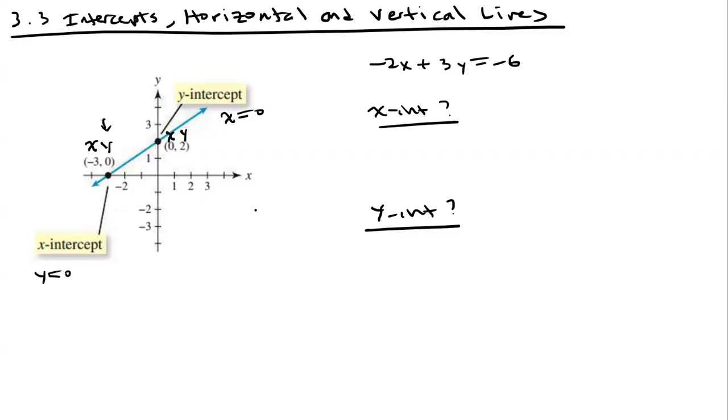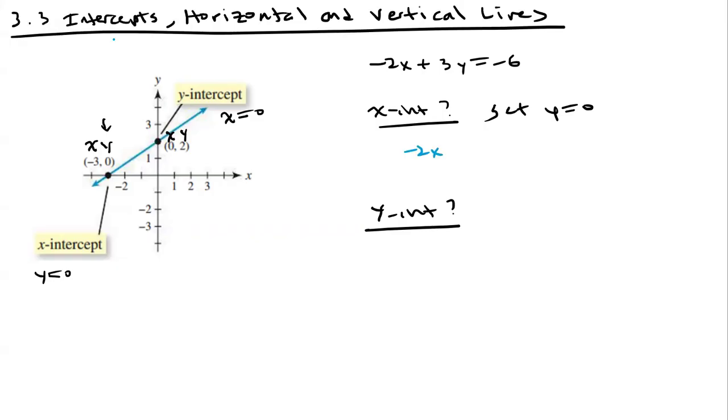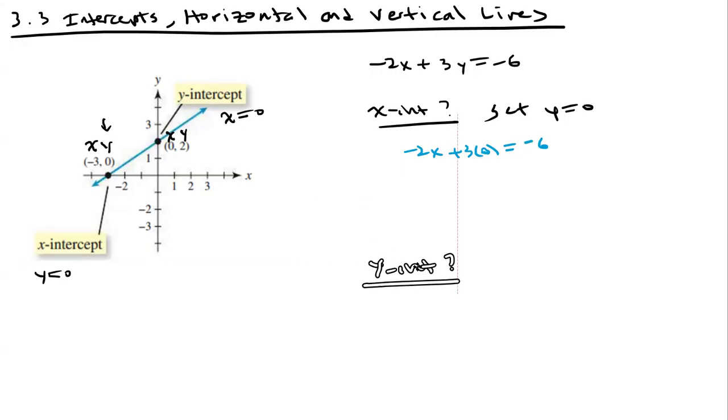In this case, to find the x-intercept, we will set y equal to 0. So I just plug in 0 for y. We have -2x plus 3 times 0 equals -6. Let me bring this down here.